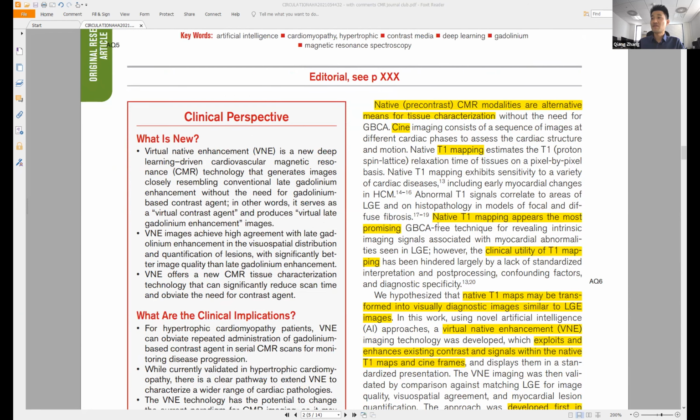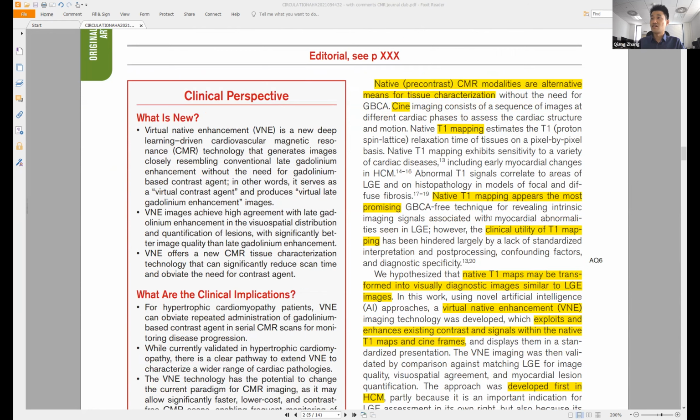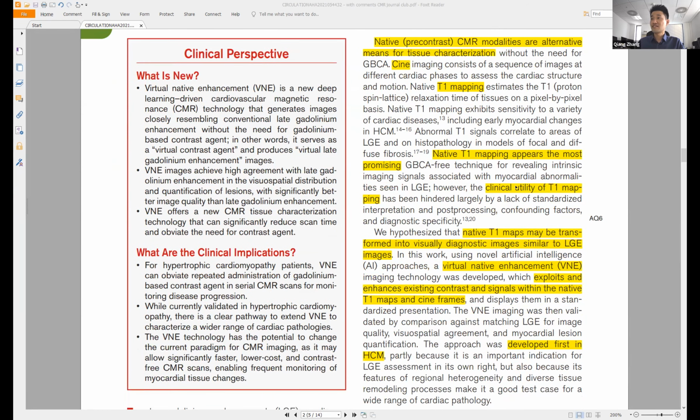And notably, T1 mapping appears the most promising to correlate with the LGE signals for revealing myocardial abnormalities. However, the clinical utility of T1 mapping has been hindered largely by lack of standardized interpretation, post-processing confounding factors and diagnostic specificity.